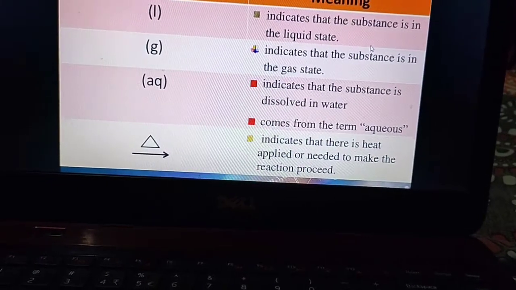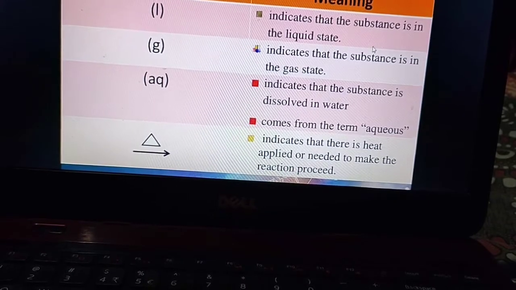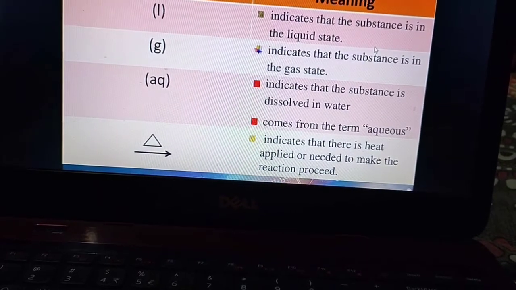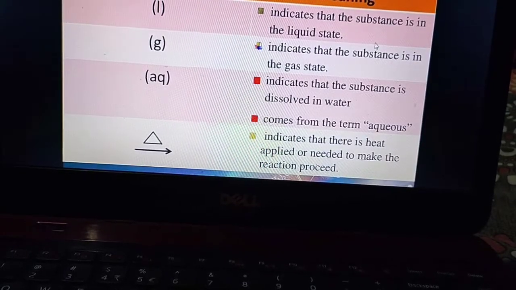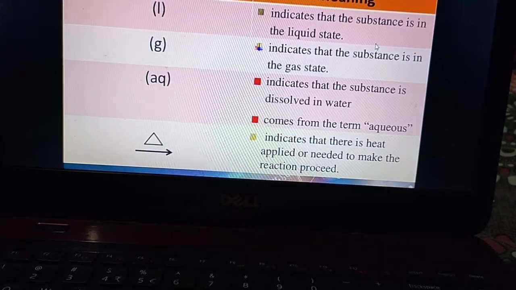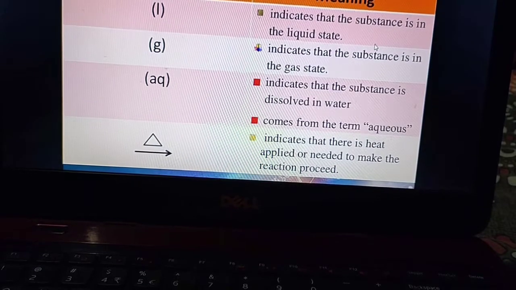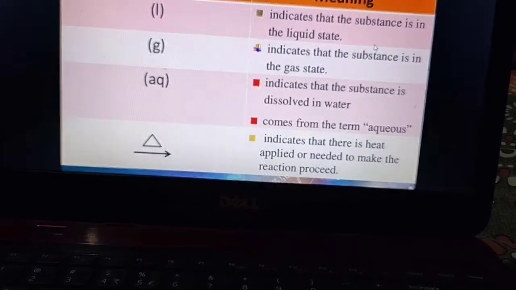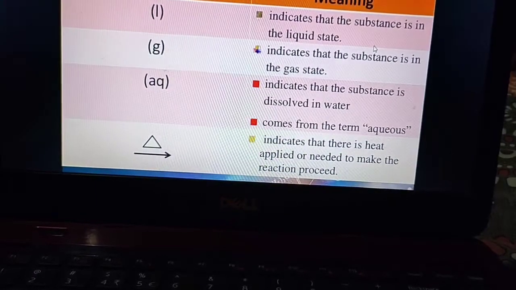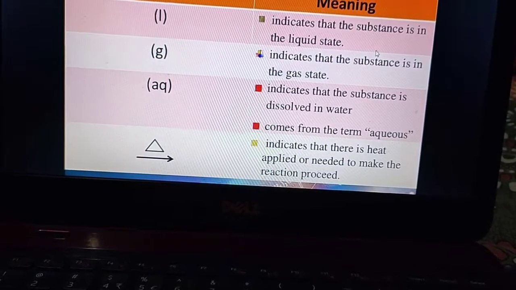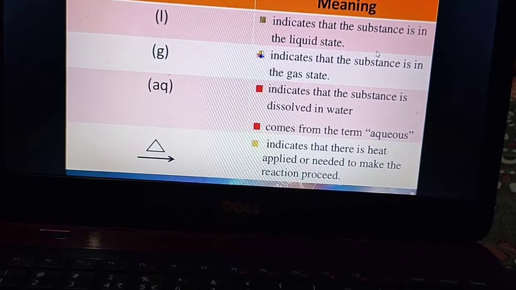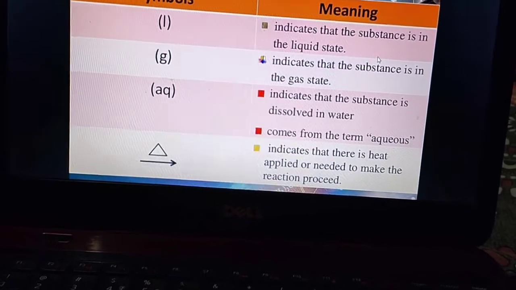Then you see the arrow with a delta symbol, a triangle, above it. It indicates that heat is involved in a particular reaction, that heat is applied or needed to make the reaction proceed.